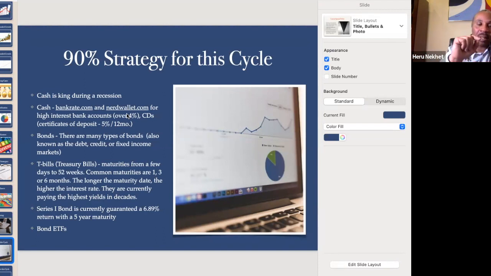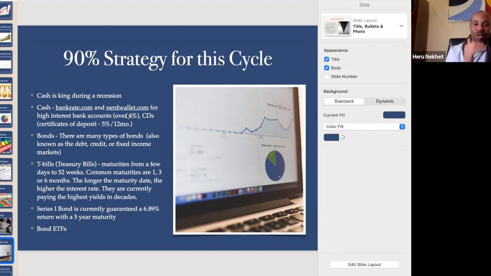Now, there's a time window that you want to get in on this, because the Series I bond is based on the inflation rate and is adjusted for people getting in every quarter. So every 3 months, they look at what the inflation rate is and adjust it accordingly. Because inflation was so high last year, it was 9.62%.